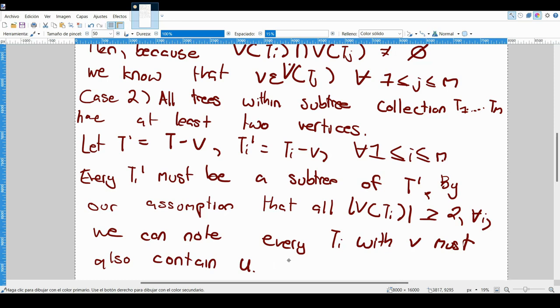What this means is that there are no two subtrees where the intersection is strictly V.